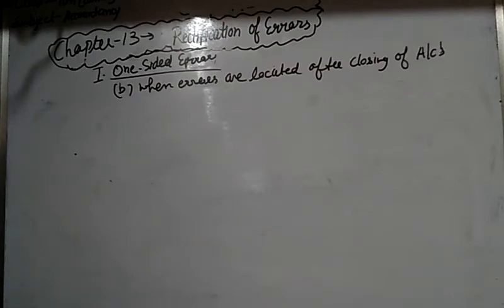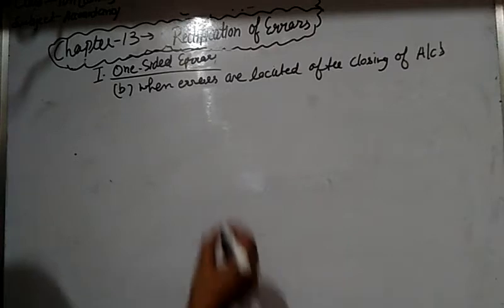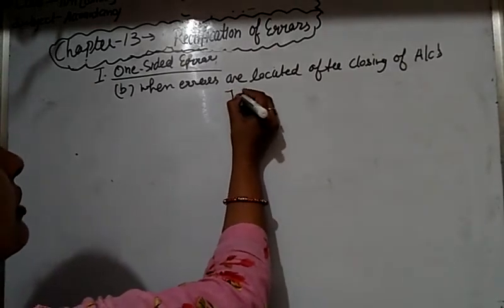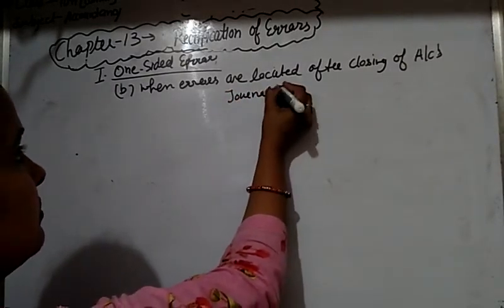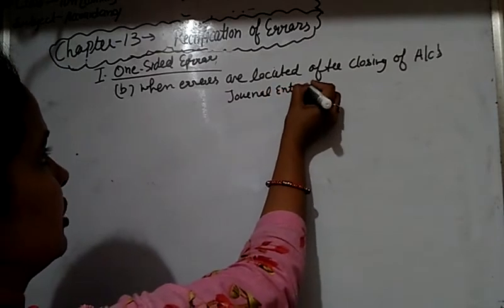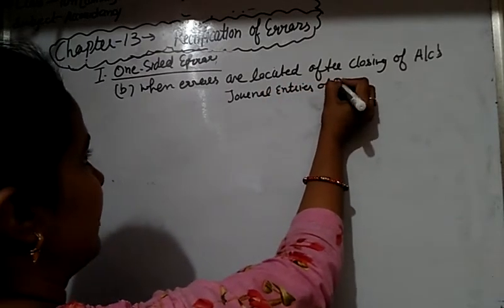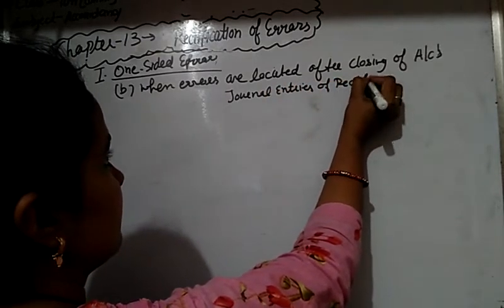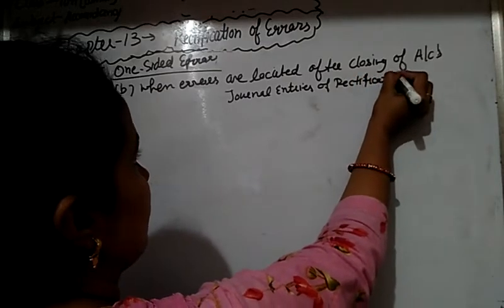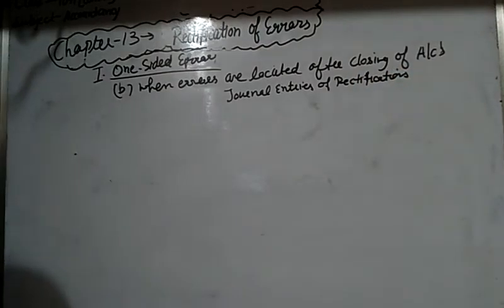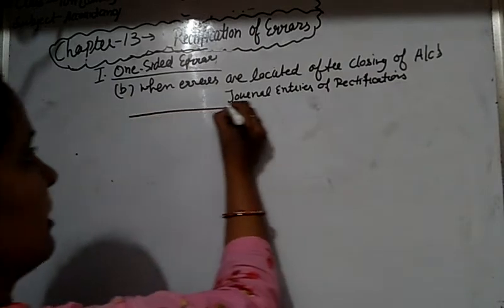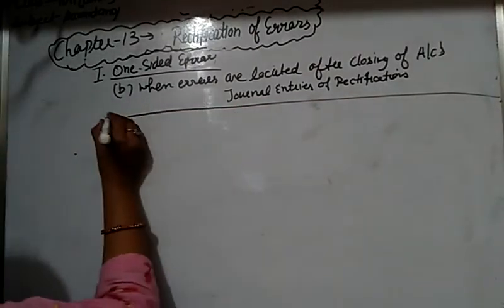In this, journal entry will be passed. So we have to prepare the proforma of journal first. So on the head we write journal entries of rectification. After that we prepare the proforma of journal.